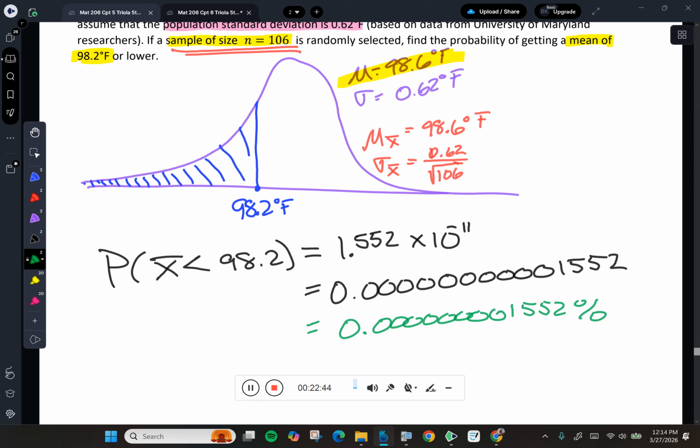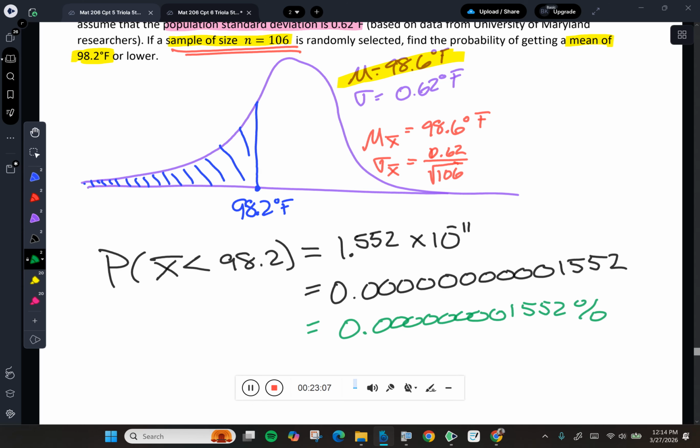So something is wrong here. Either I am the luckiest individual in the world when it comes to my random sampling of my 106 people, or the original claim that was made about 98.6 is not true. And that maybe we need to go back and revisit that.